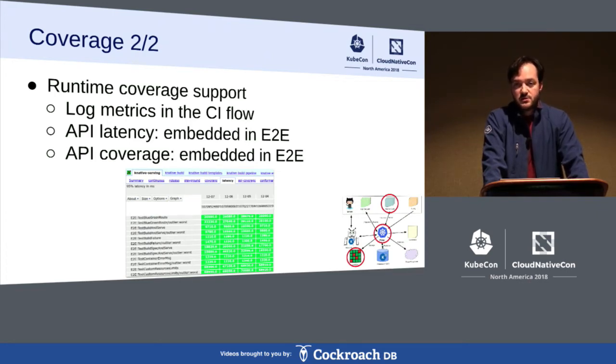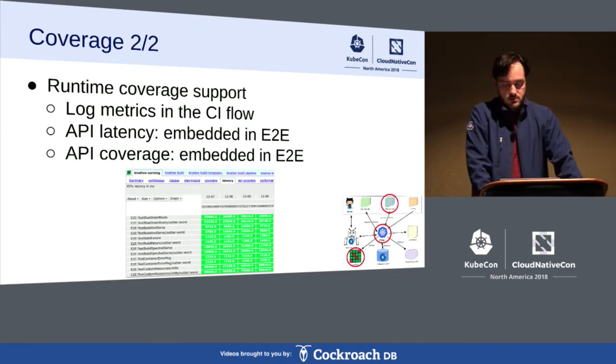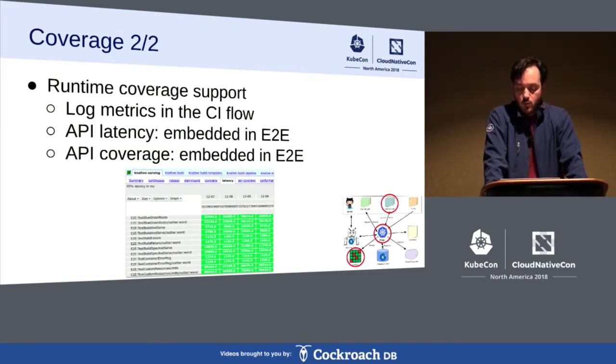Instead of having another job to run the test just to collect metrics, we piggyback on the continuous integration flow and fetch the metrics to display them. We use Test Grid as the one-stop shop for displaying all the coverage and health metrics for Knative. That's an example of the latency grid for the tests.